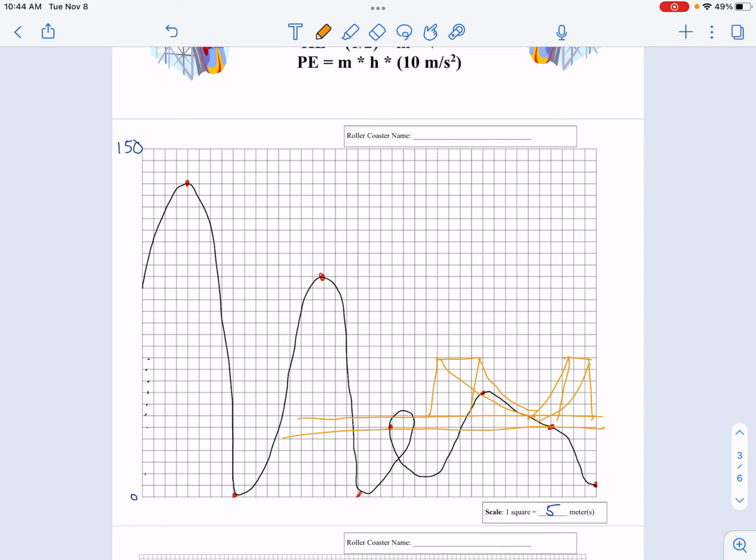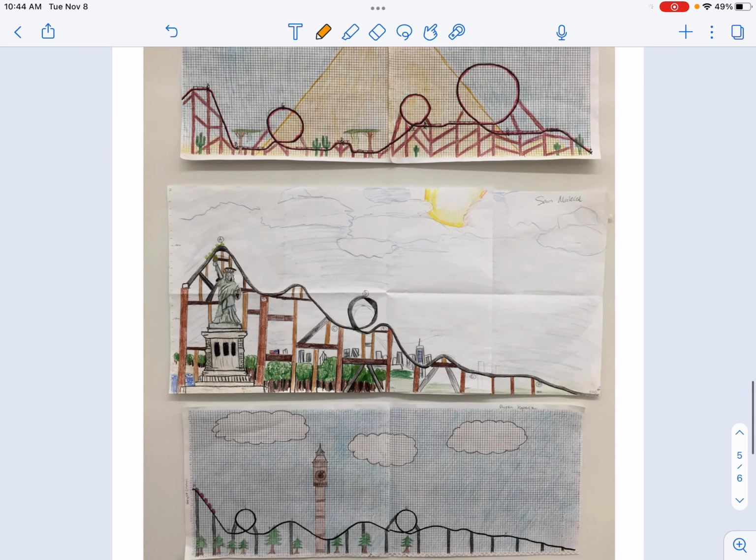Who knows. Well, at least now I have a sense of a scale. My roller coaster is way taller than the Tacoma Narrows Bridge. And then I can add some structural supports just to make this roller coaster look like it's not just floating in the air, kind of like the examples.